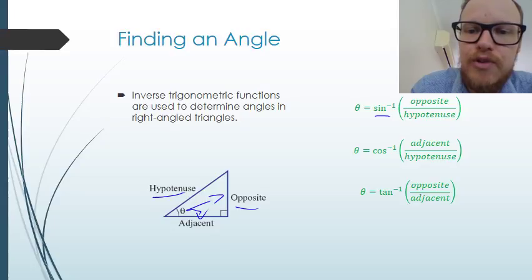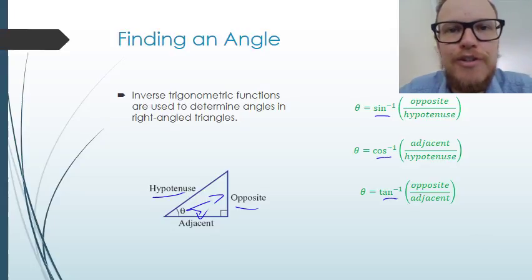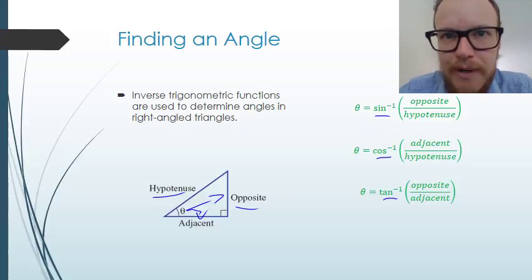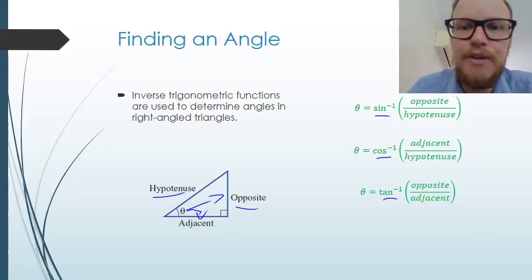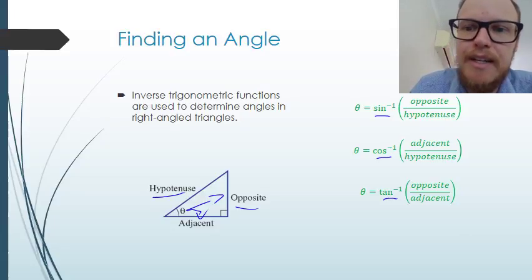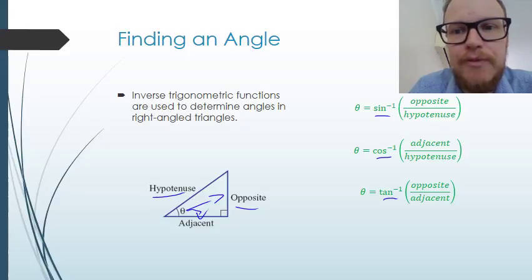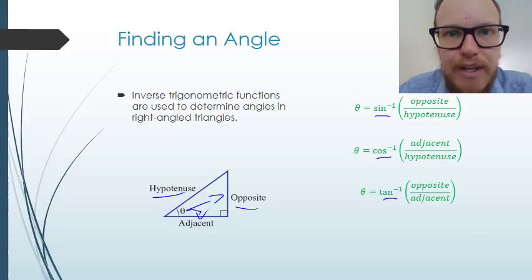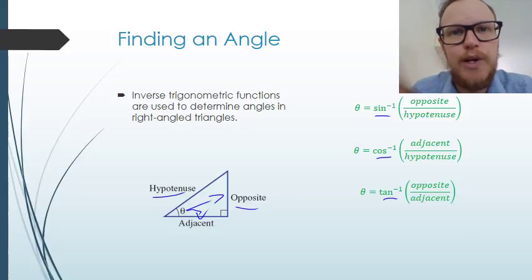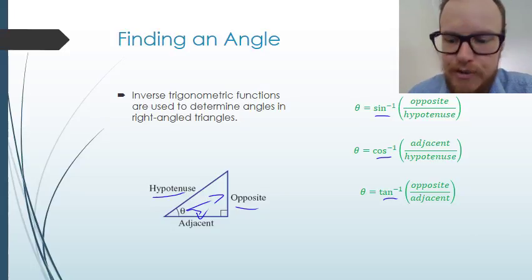These are the inverse trigonometric functions that you find on your calculator by pressing the second button or the shift button, and then the trigonometric function that you care about. So second and sine will give you sine to the -1. And then we have sine -1 of opposite over hypotenuse will give us that angle. So this is about working out the relationship in reverse.